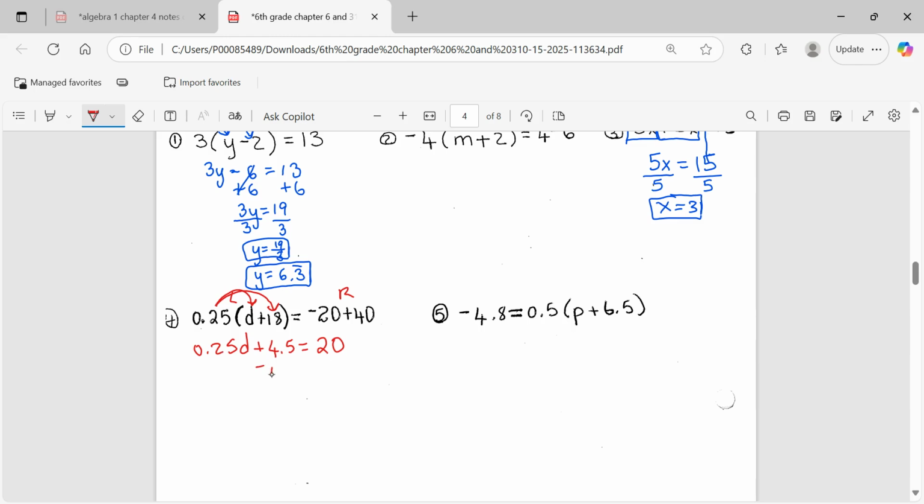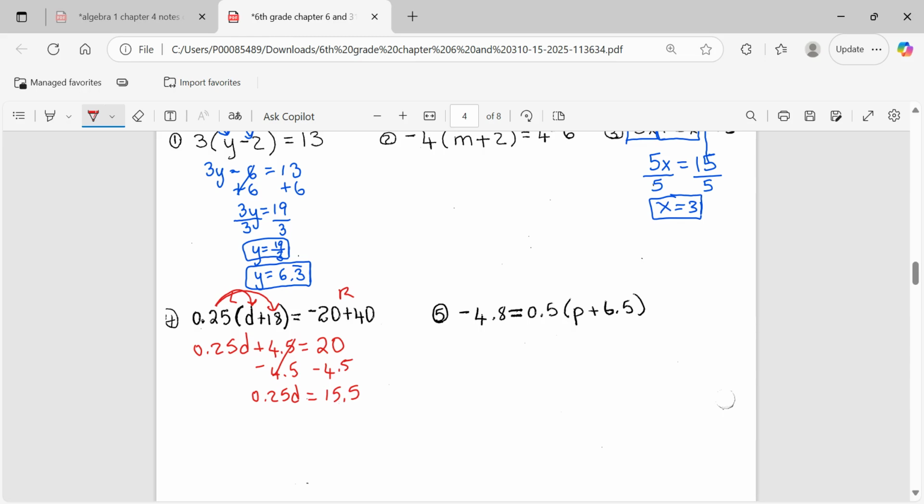So I will minus 4.5 on both sides. So that's 0.25d is equal to 15.5.